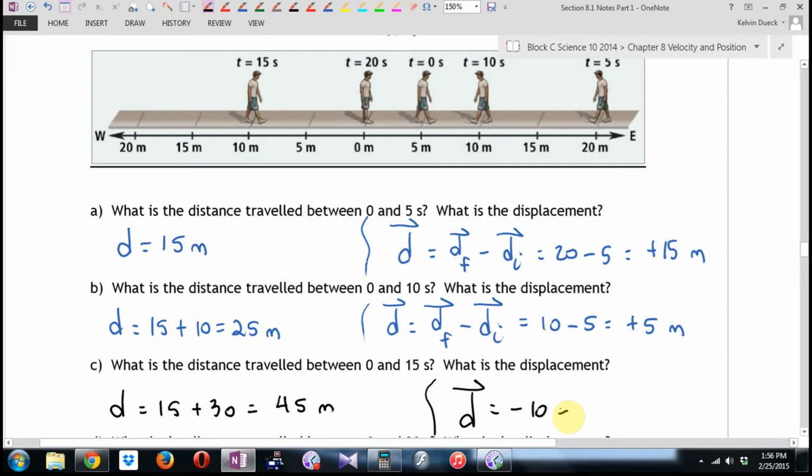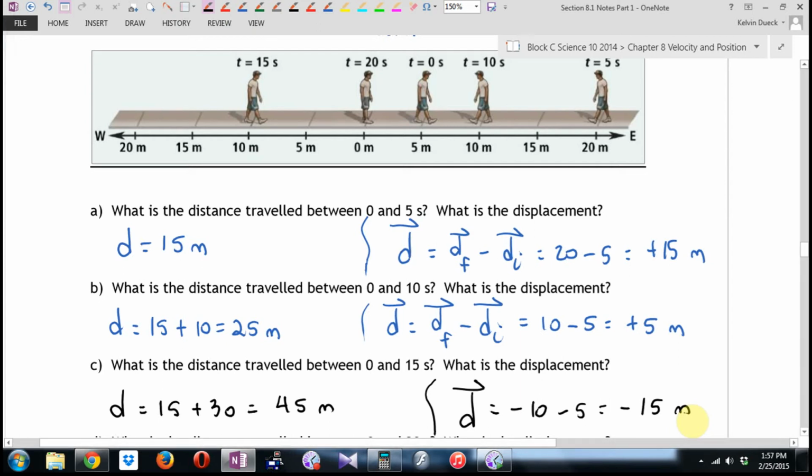0? At time 0, I wasn't at 0. I picked this diagram very carefully. 5. All right. Negative 10, take away 5. My displacement, I ended up negative 15 meters, or 15 meters to the left of where I started from.